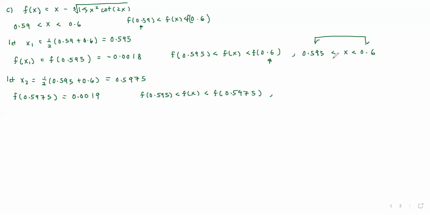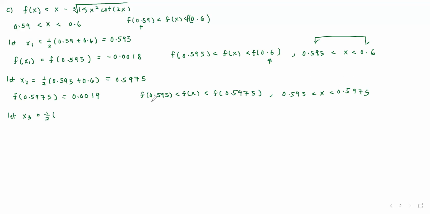Then the root is in between 0.595 and 0.5975. Correct to three significant figures, they are not the same. So we continue the iteration.